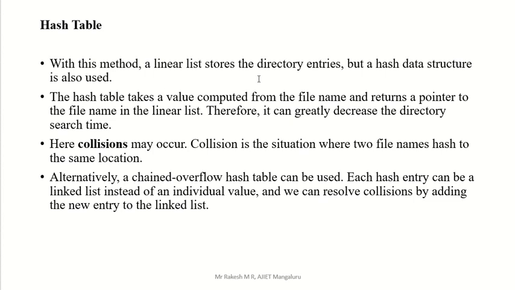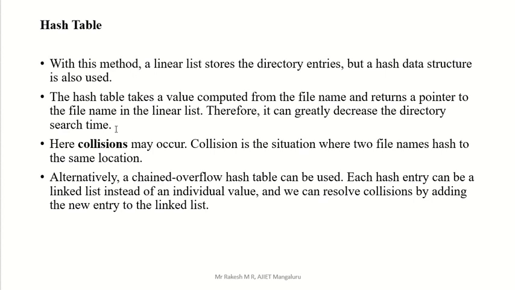Here we use one method, that is hashing. We apply the hash method on the file. The hash table takes a value computed from the file name and returns a pointer to the file name in the linear list. Therefore, it can greatly decrease the directory search time.